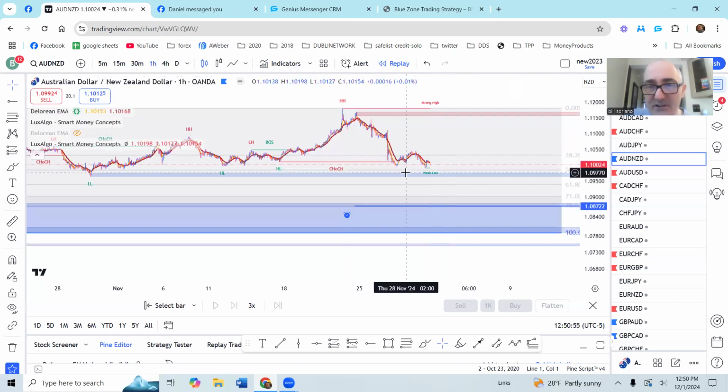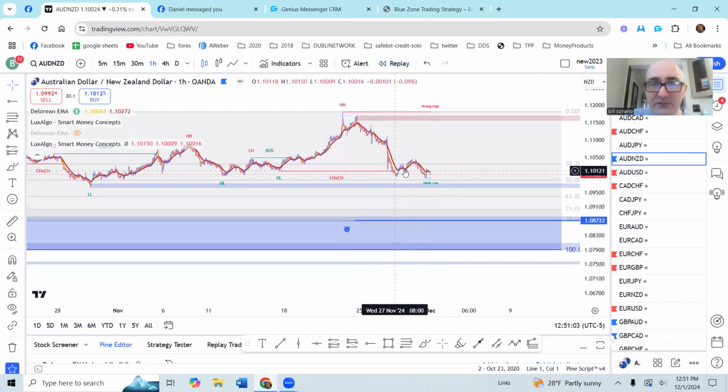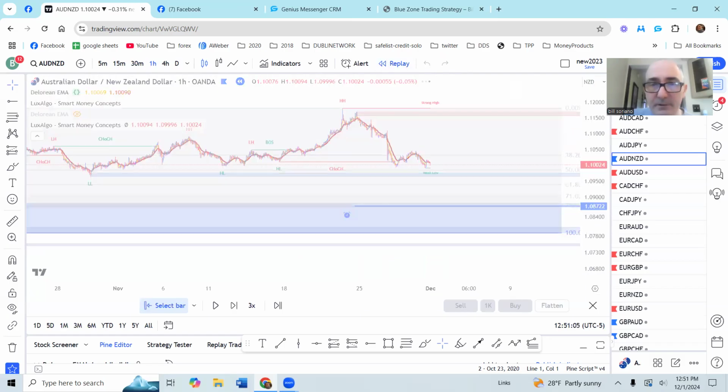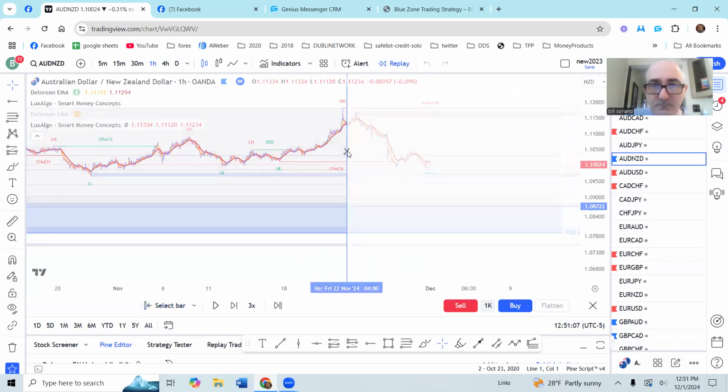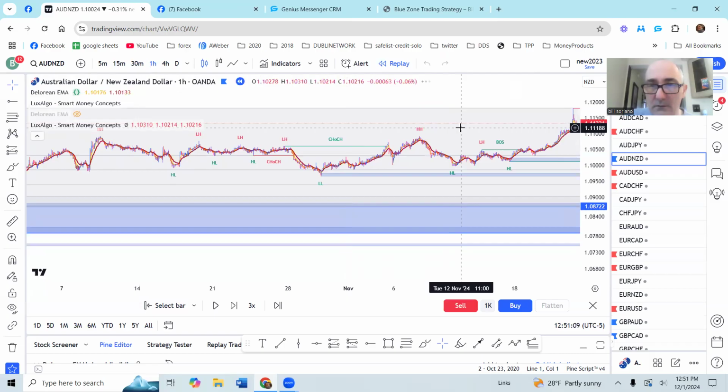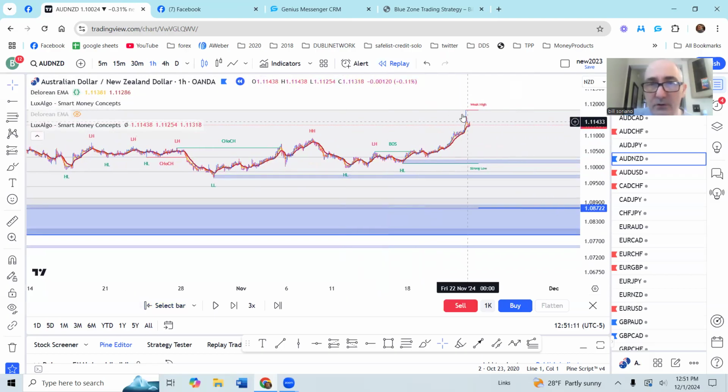So we got this change of character. Once this change of character occurred here, that's when this order block showed up. Okay. So prior to that change of character, if I click replay mode here, you can see, okay, you're just here. Obviously there's no order block there yet.